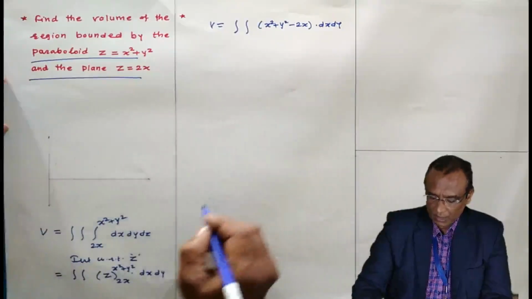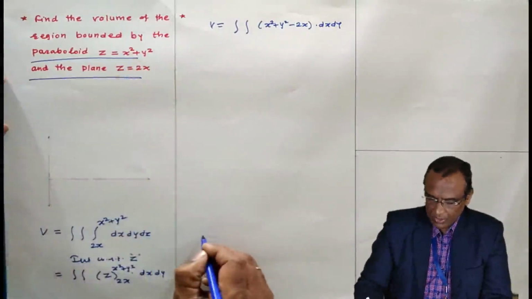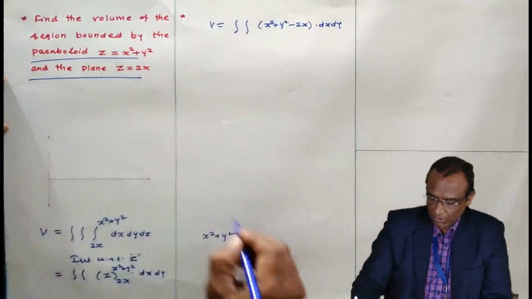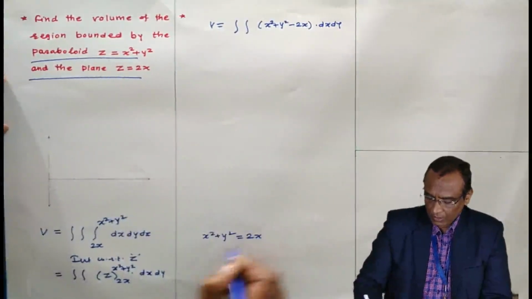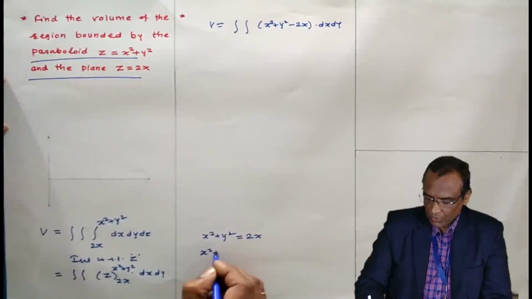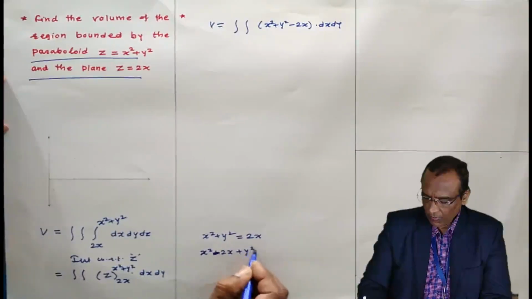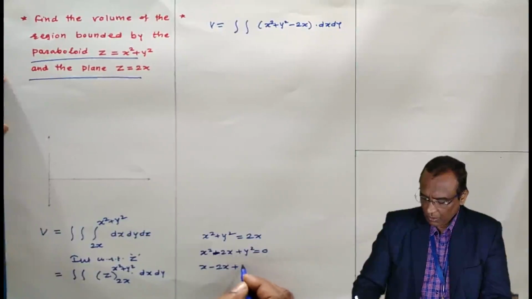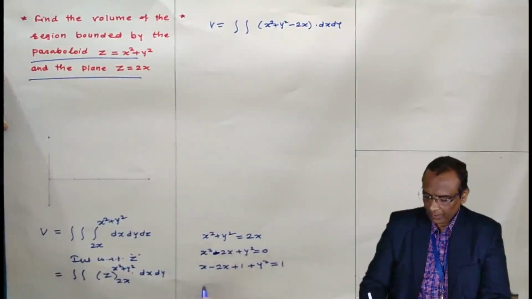So how do you get it? Solve these two for z, that is, z equal to x square plus y square and z equal to 2x. Therefore x square minus 2x plus y square equal to 0. I am adding 1 on both sides.